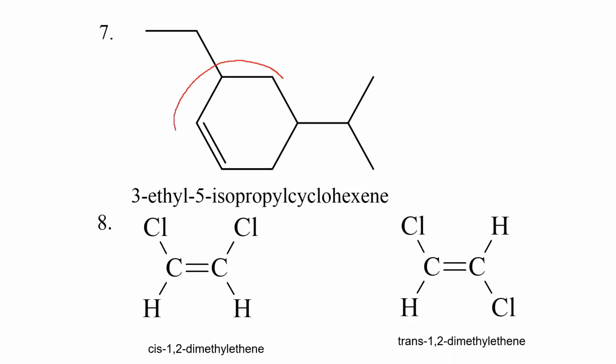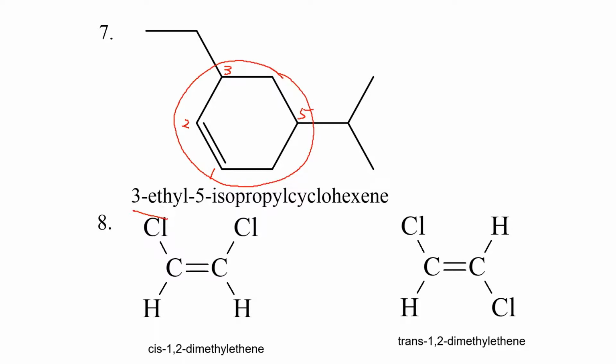As you can see here, it has 6 carbons. It is an alkene having a double bond, so we need to have the carbon chain as carbon number 1 here, and then number 2 here, and number 3. At carbon number 3, we have an ethyl. At carbon number 5, we have an isopropyl.